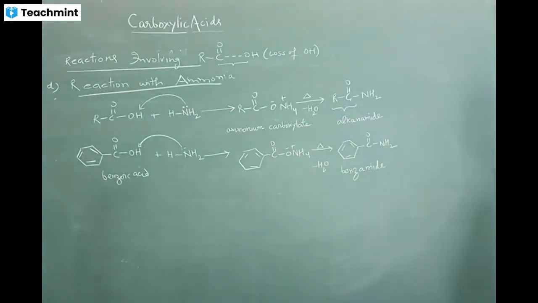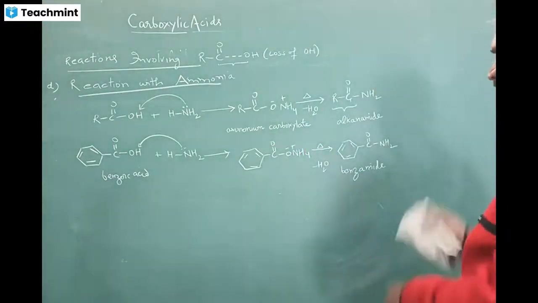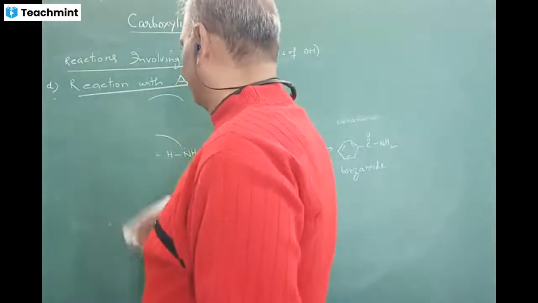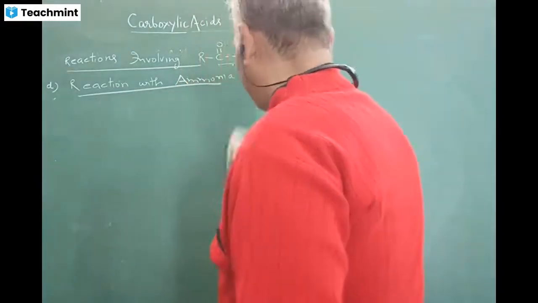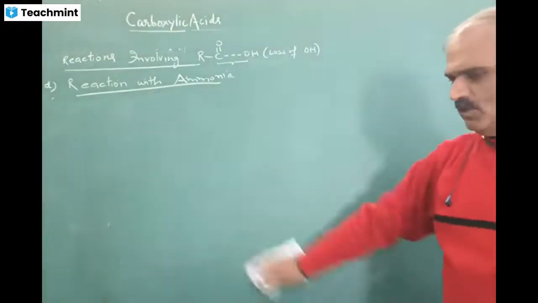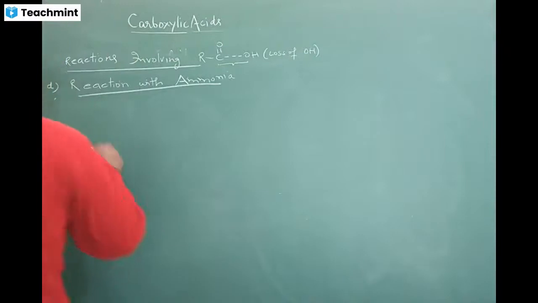Now let us take one more example in which we are taking a dicarboxylic acid. What is dicarboxylic acid? A carboxylic acid having two functional groups in one molecule, two COOH groups. Let us take this dicarboxylic acid.